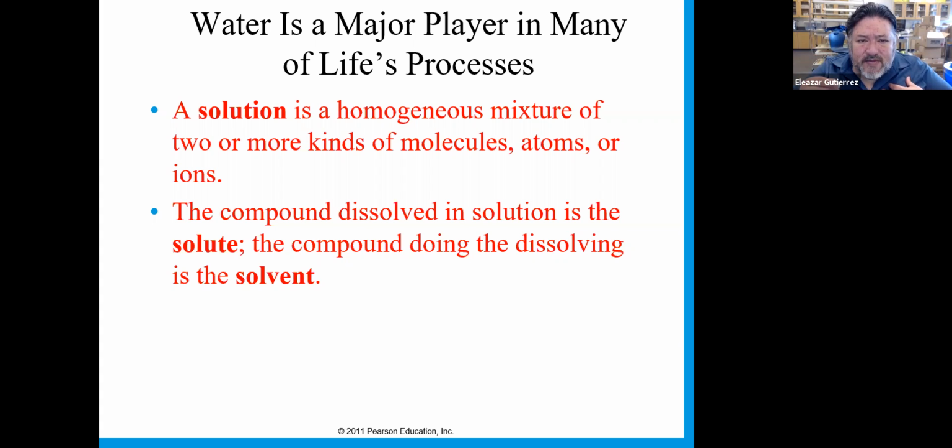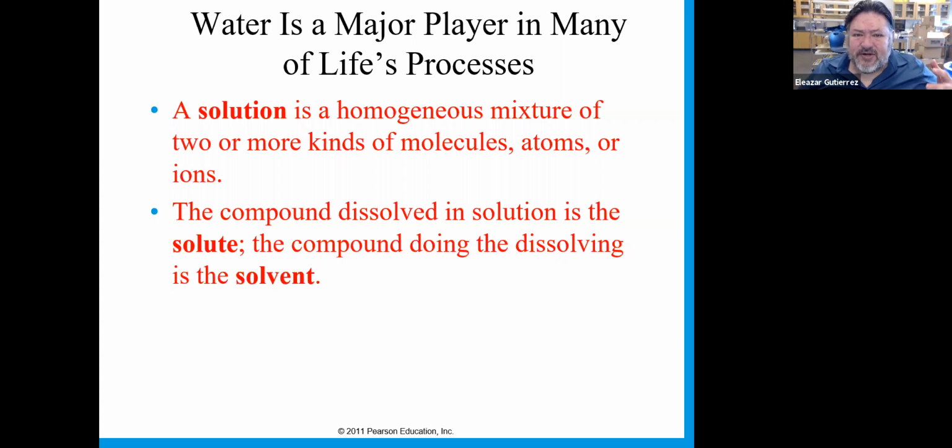In order for a chemical reaction to take place, chemicals, solutes, have to be able to get together and find each other and dissolve and dissociate and come together. And the product of one reaction is usually the reactant of the next reaction. And the product of that reaction is going to be the reactant of the next reaction.